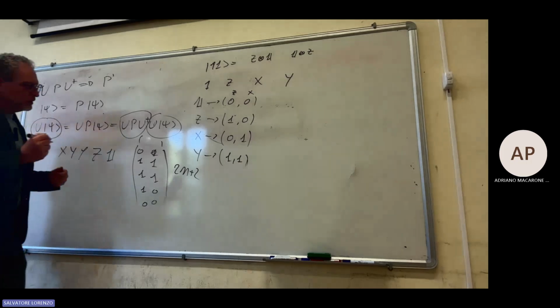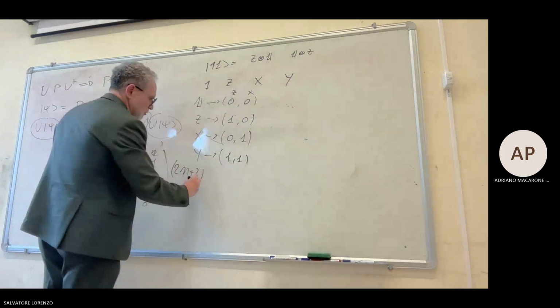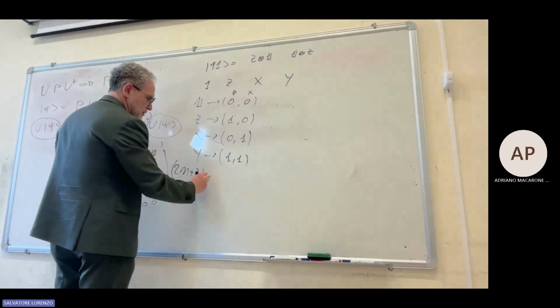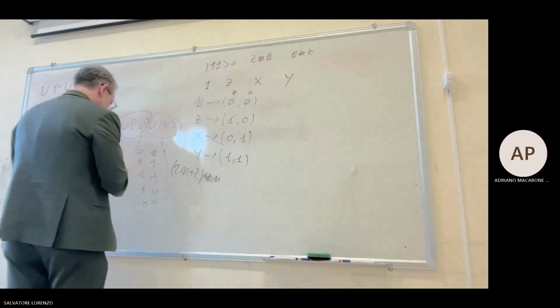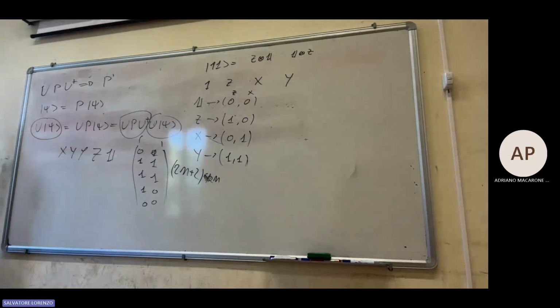So if we take (2n plus 2) times n different parameters, we can completely describe the state.